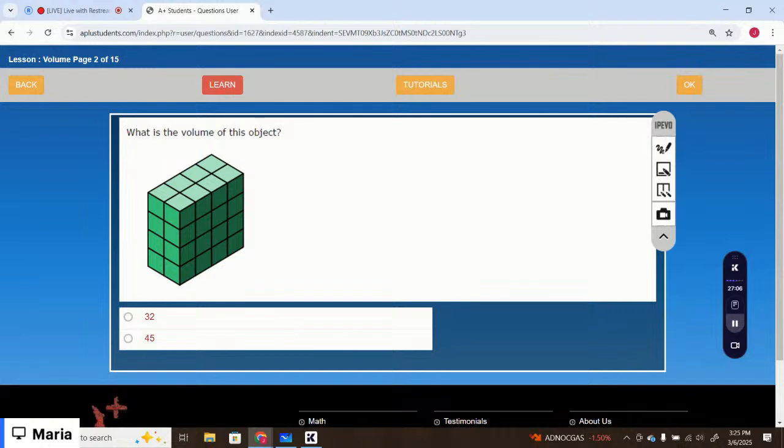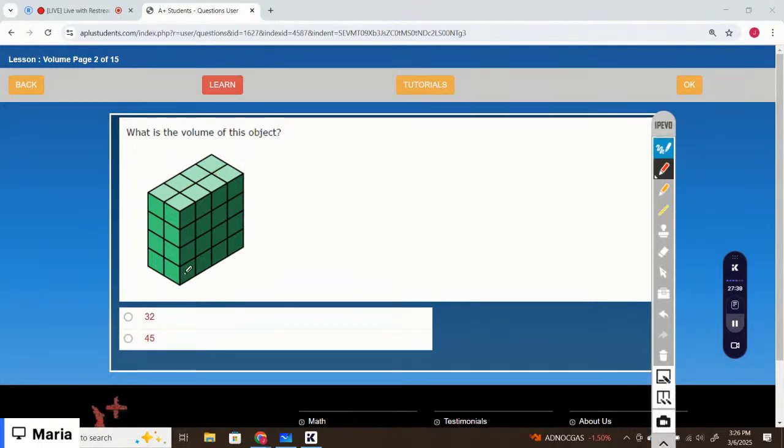What is the volume of the object? Which is the correct option? Okay, the width is 2, the height is 4, and the length is again 4.